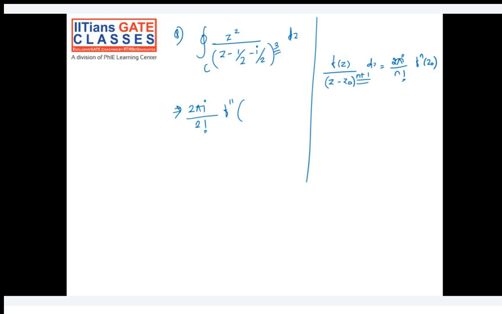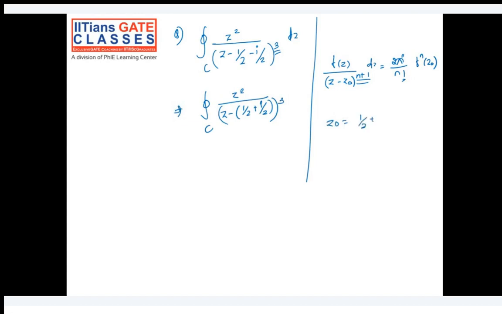Let me just rewrite this function. Integration over a closed curve C, z square divided by (z minus 1 by 2 plus i by 2) whole cube. So basically z naught here is 1 by 2 plus i by 2.